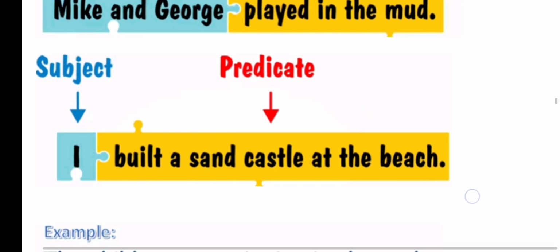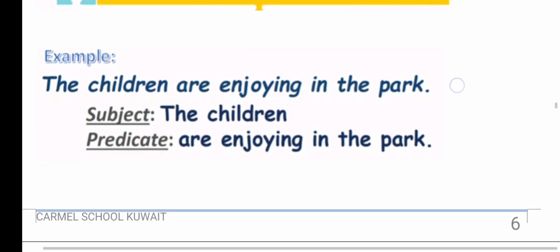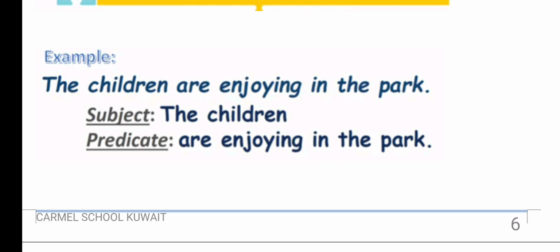Now, more examples. The children are enjoying in the park. Now, again I'm telling you, which is the verb here? Are enjoying. Now, add a question to this verb. Who are enjoying? The children. So that is the answer and that is the subject. So the children is the subject and the remaining part is completely the predicate.